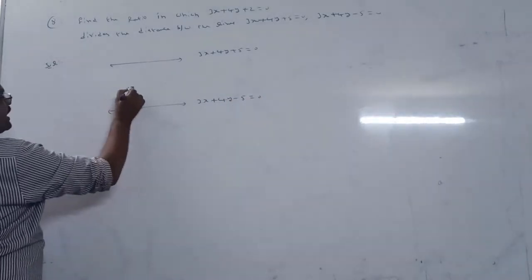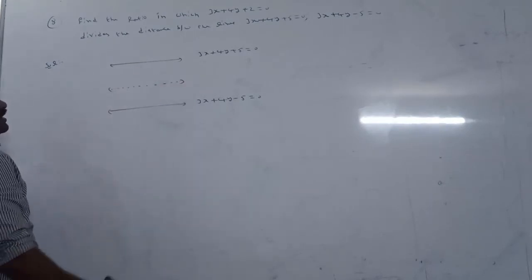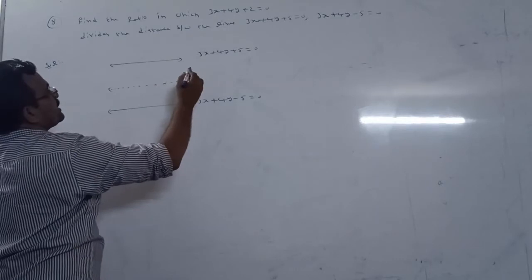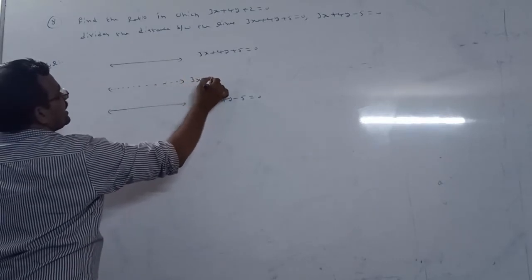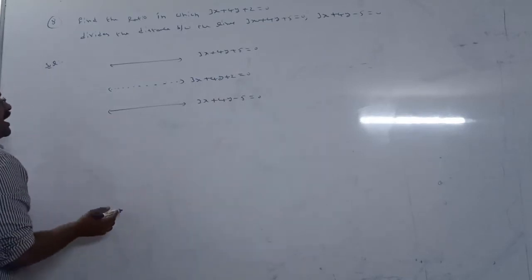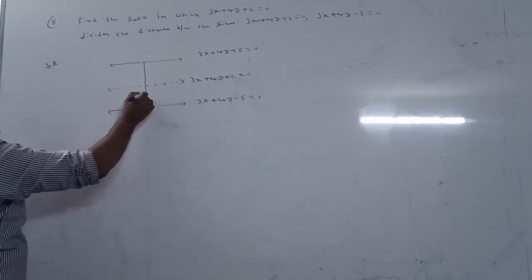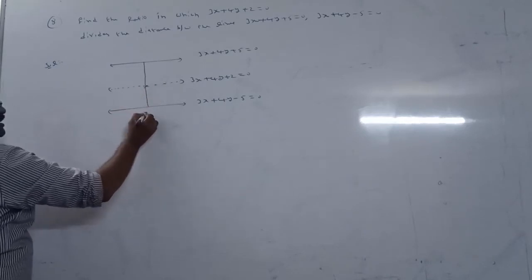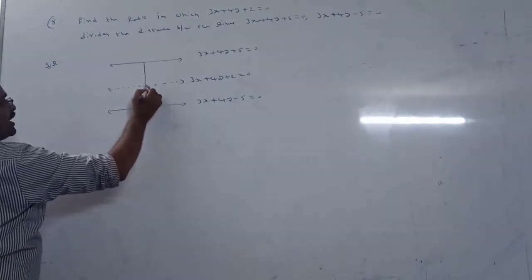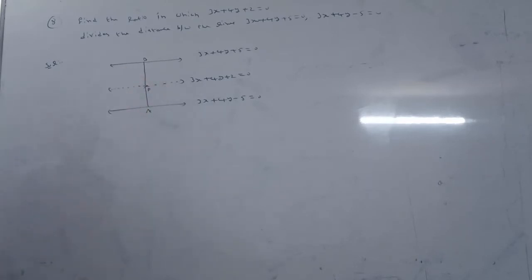Here one of the lines, this dotted line, is also parallel with the given lines. This is the line 3x + 4y + 2 = 0. They are asking the ratio in which this line divides. Suppose this is A, P, B. We need AP is to PB.